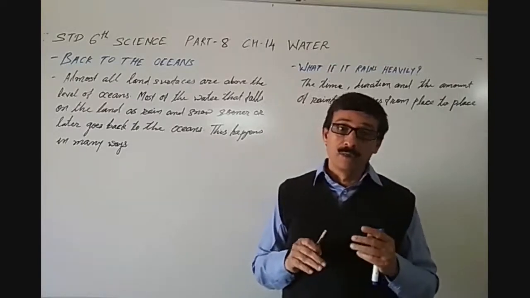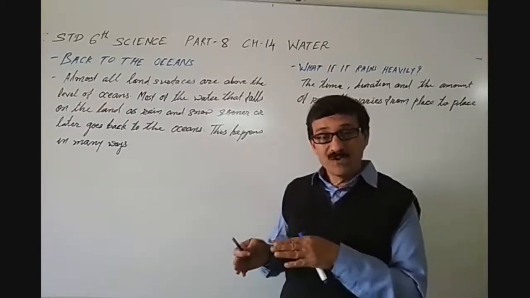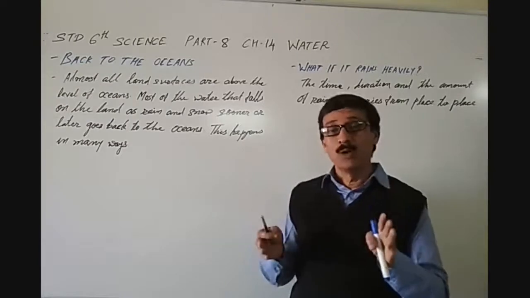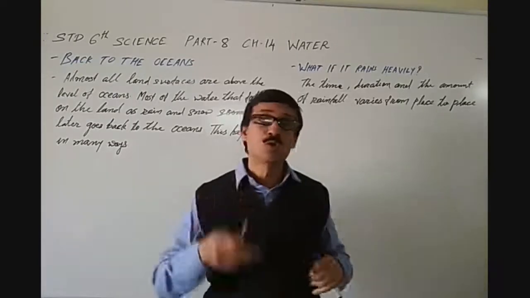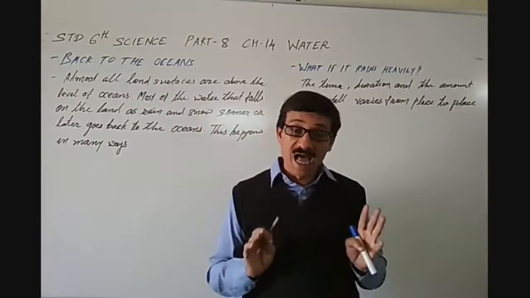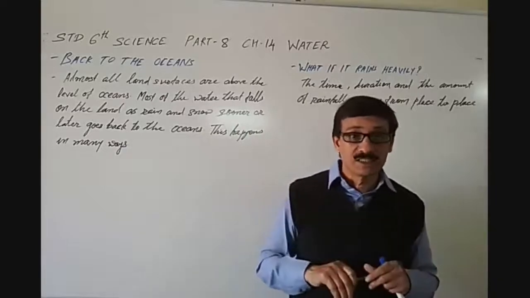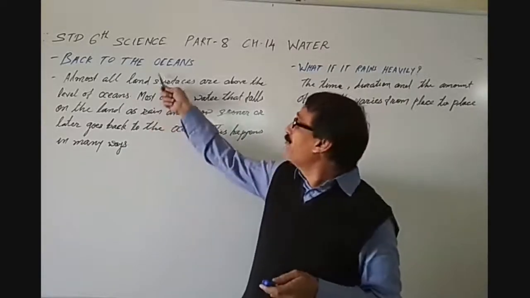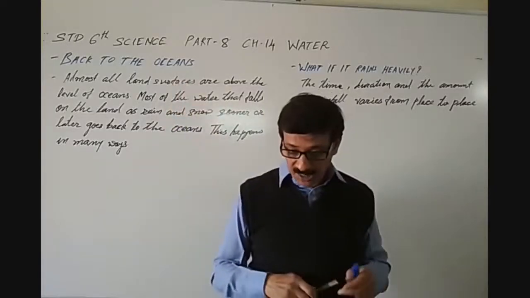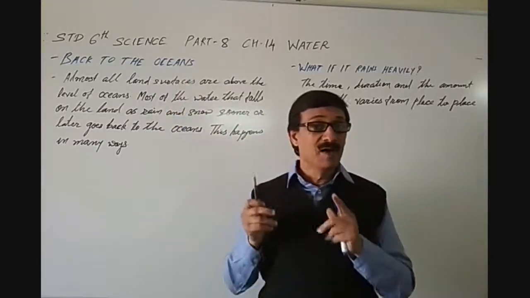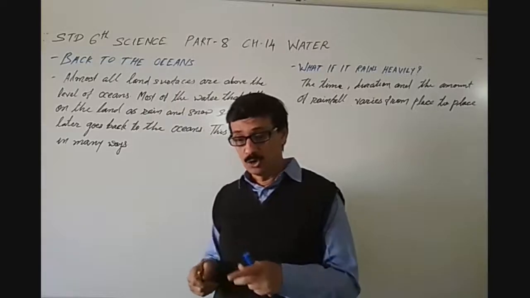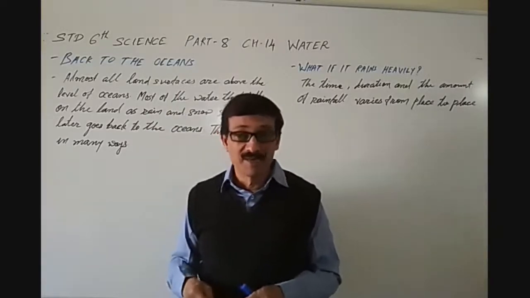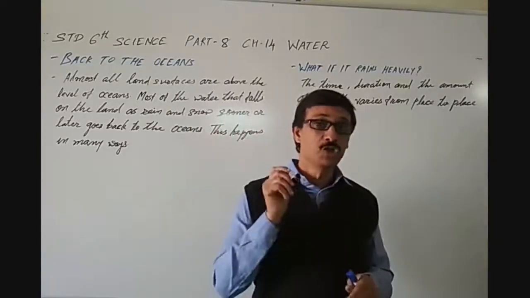After all, that water has to go to the oceans. Then how does it reach the oceans, let's discuss. So let's discuss going back to the oceans, on page number 141. So open page number 141 in your textbook.